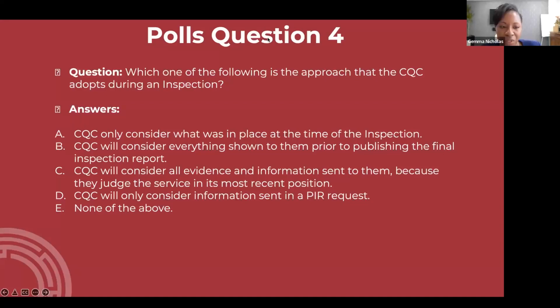So this one is a bit of a trick question. I'll give you the answer. It's actually none of the above, because none of them are an exact true answer.